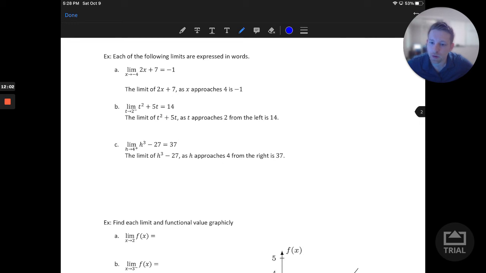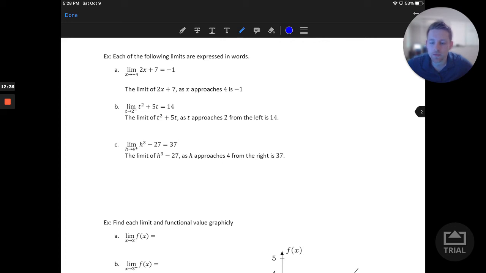If we describe part B, we'd say that the limit of t squared plus 5t as t approaches 2 from the left is 14. And then the last one, we would say the limit of our function h cubed minus 27 as h approaches 4 from the right is 37. So the limit is equal to 37 as we approach from the right.